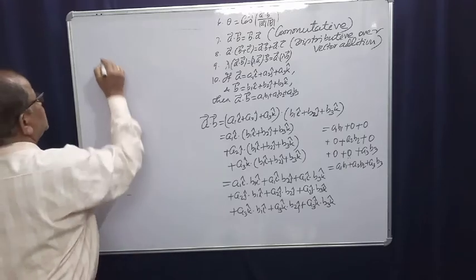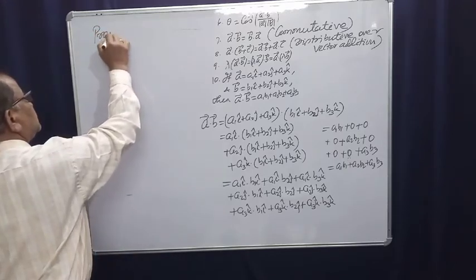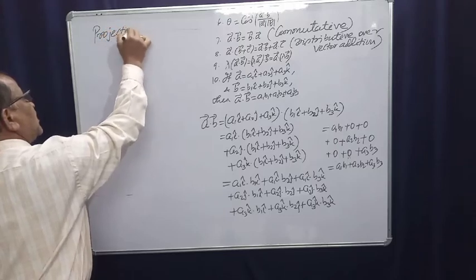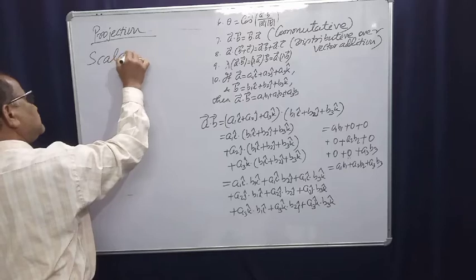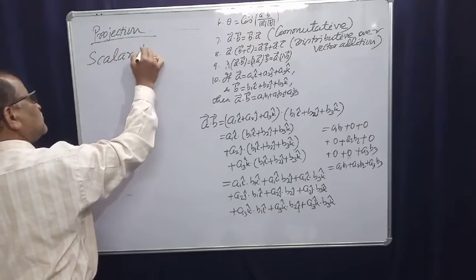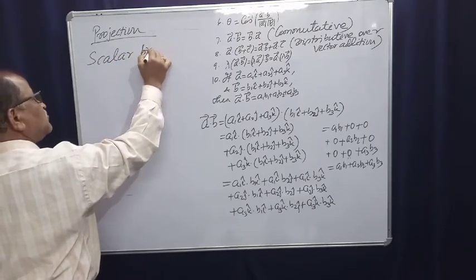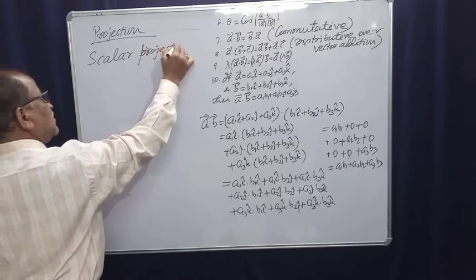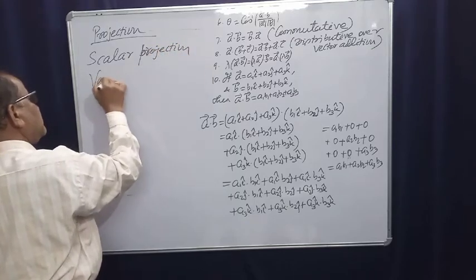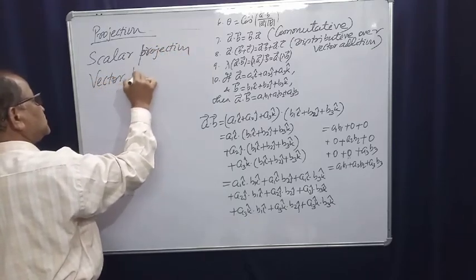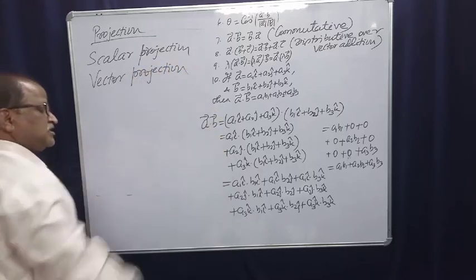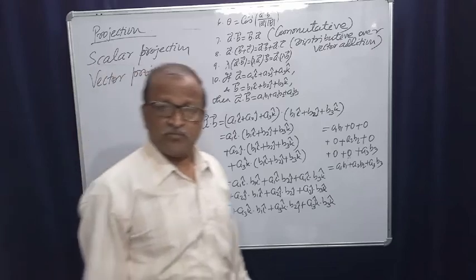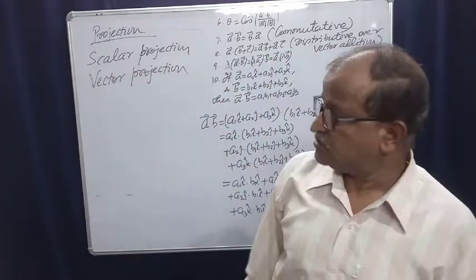Projection is of two types. One is scalar projection and the other is vector projection.